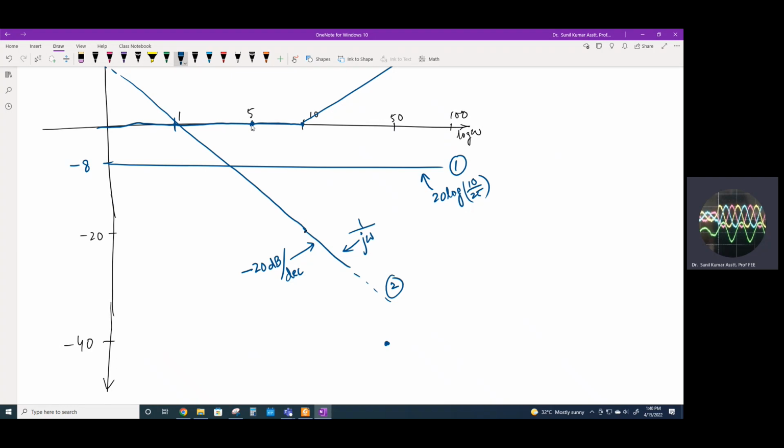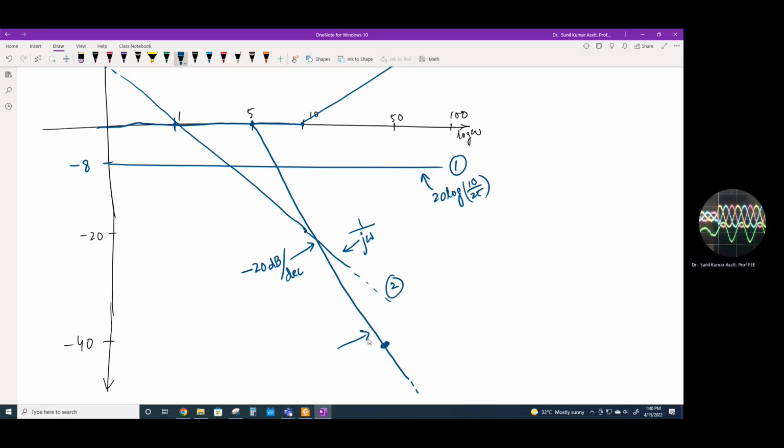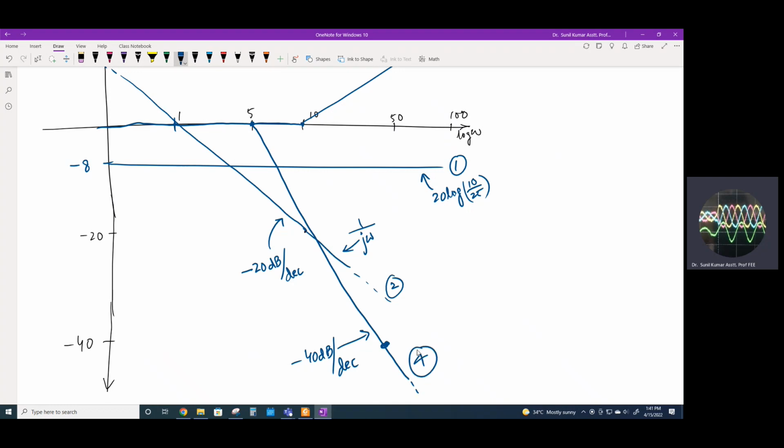Then we can say the rate is minus 40 dB per decade. So this will go like this. This is minus 40 dB per decade. So now let's call this line number 4.